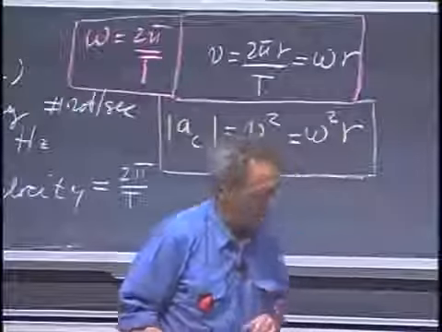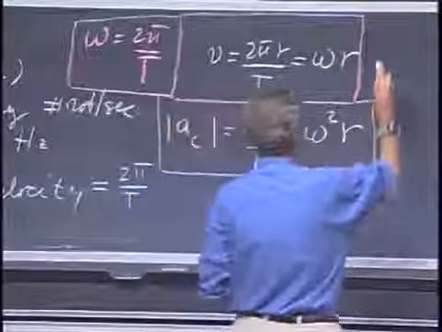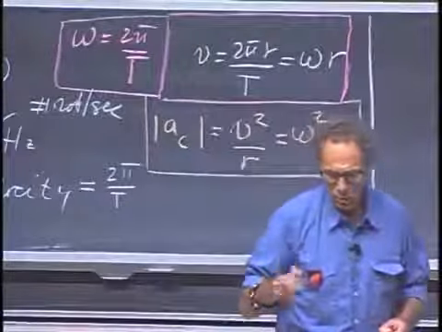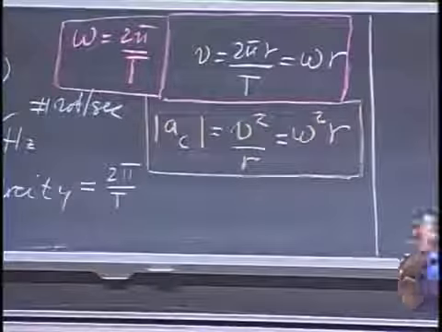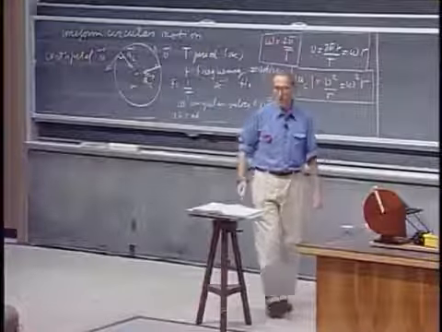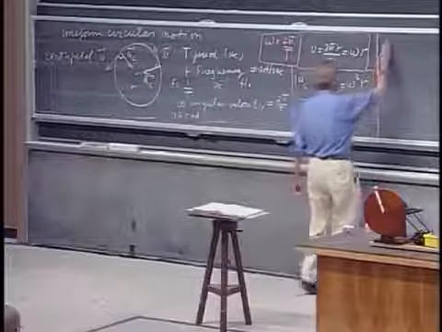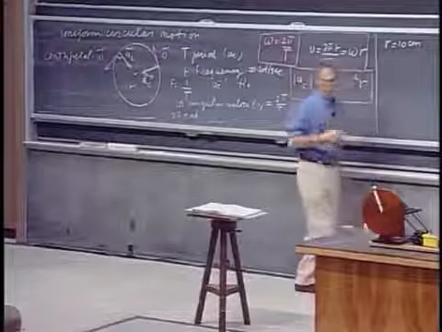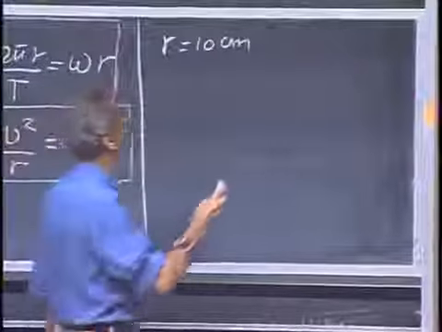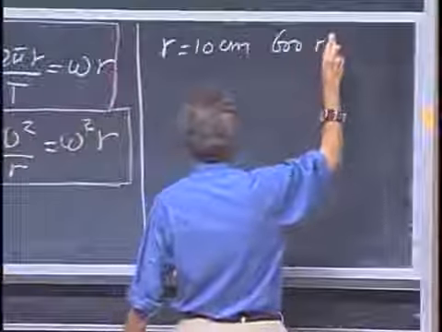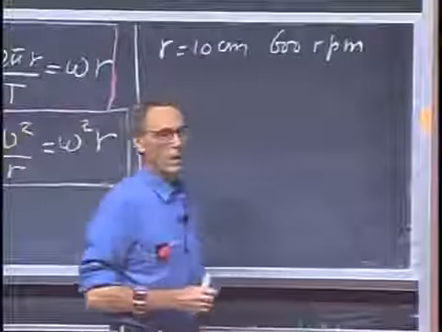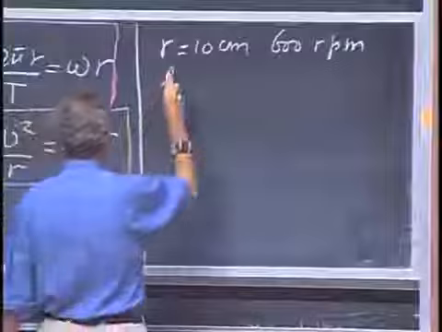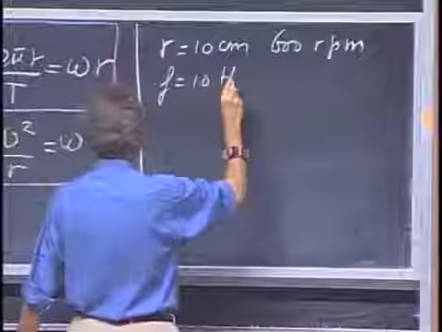We can have a simple example. Let's have a vacuum cleaner which has a rotor inside which scoops the air out or in, whichever way you look at it. Let's assume that the scoops have a radius r of about 10 centimeters, and that it goes around 600 revolutions per minute, 600 RPM. 600 RPM would translate into a frequency f of 10 hertz.